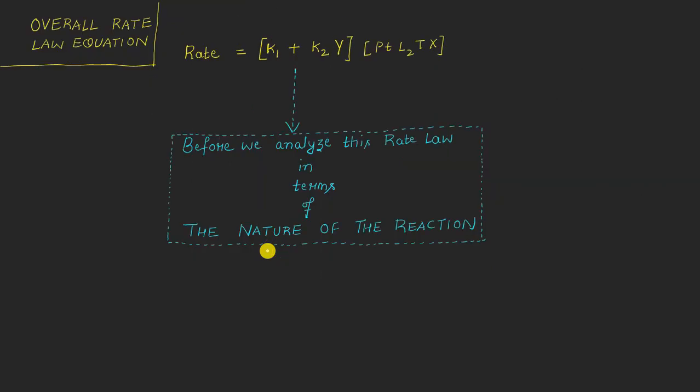And now we know that the overall rate law equation is something like this, in which rate is equal to K1 plus K2 into Y, which is our K observed, multiplied by the concentration of the starting complex molecule. Please listen carefully: before we analyze this rate law in terms of the nature of the reaction, it is important to find out what type of nucleophilic reaction is going on here, right?